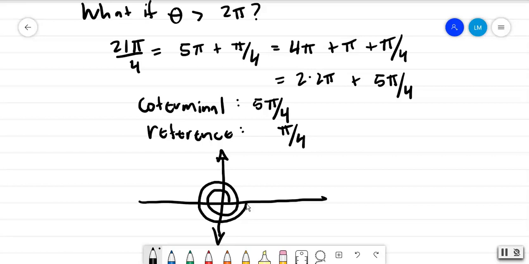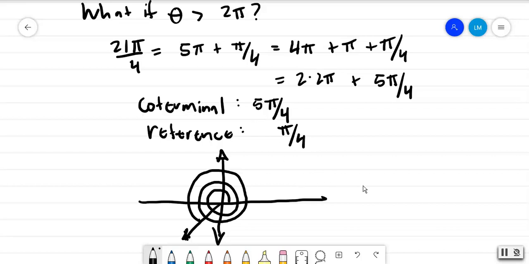Okay, so 2, and then 5 pi over 4. 5 pi over 4 is going to terminate over here. So this is exactly what 5 pi over 4 will look like.